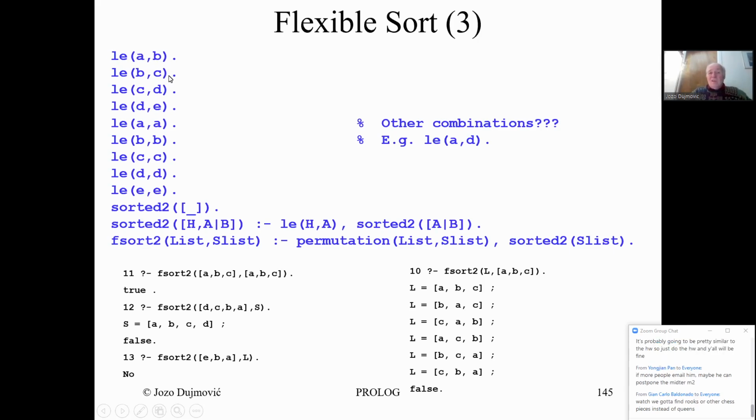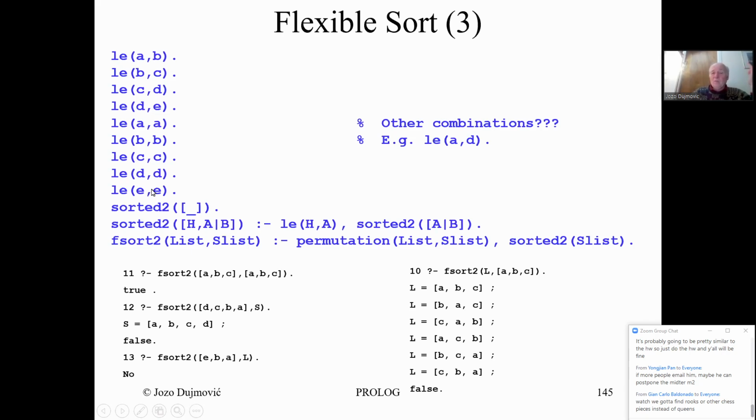B is less than C, simply because these are not ASCII characters. These are not strings. These are simply symbolic values, so symbolic atoms. Therefore, we have to tell that A is less than B, B is less than C, C is less than D, D is less than E, for example. And then A, B, B, C, C, D, D, E, E are also less than or equal to, they're equal to.